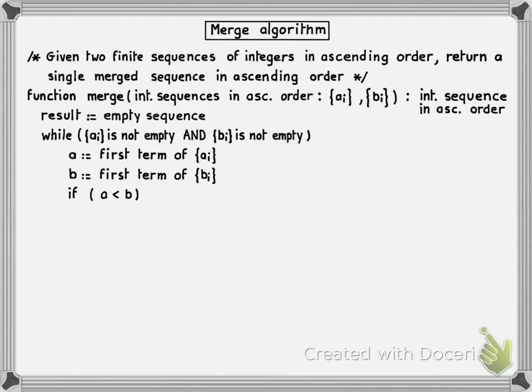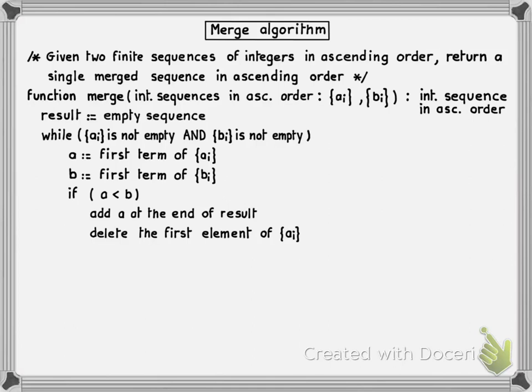So A is the element that we want to add to the result sequence. We're going to add A at the end of the sequence called result, and we're going to delete A from A sub i, since we took care of it.